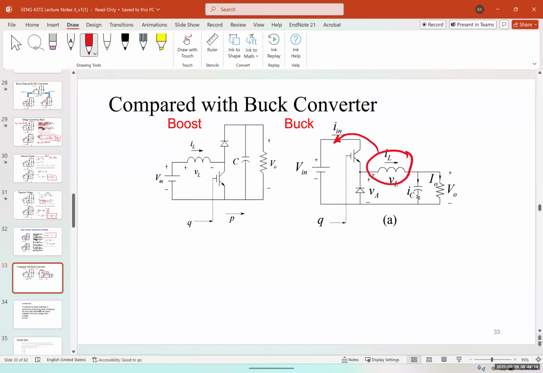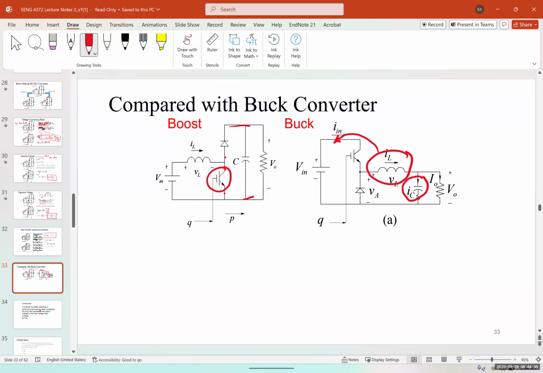And if it's on the right side, it's a buck. The other indicator obviously is that the capacitor in a boost converter is in parallel with the source and drain of the switch, or the emitter and collector, depending on what type of switch we have. We can replace this switch with any type of transistor or switch as well.